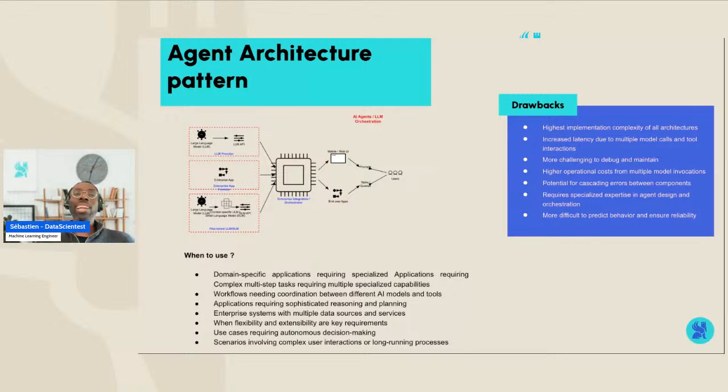But you don't know exactly the right order, and that's it. It also suits workflows needing coordination between different AI models, because in the agentic architecture you can leverage different LLMs, not only one, but two, three, and four, and have some specialized LLMs depending on what you want to do.